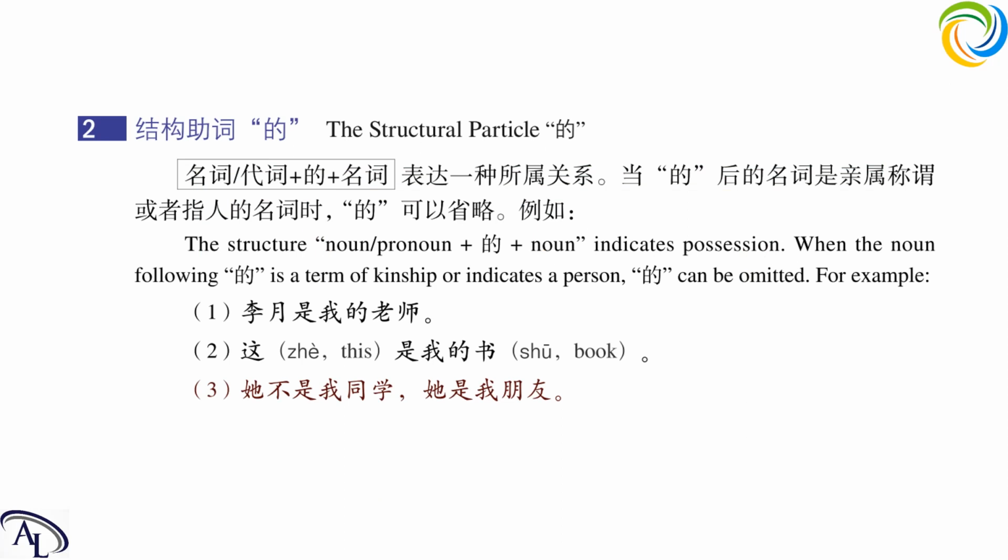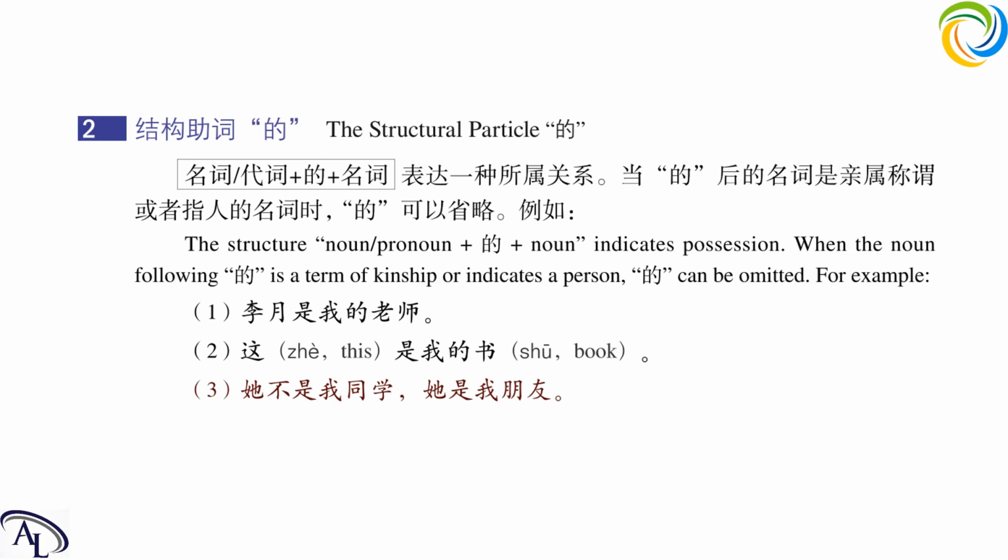Did you find anything strange? There is no 的 here, right? 他不是我同学，他是我朋友。No 的 here, but we use it as an example for 的 because 的 is omitted here. It actually should be 他不是我的同学，他是我的朋友. But 的 is omitted.